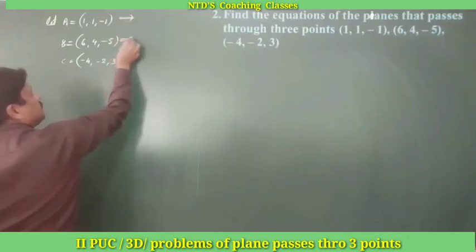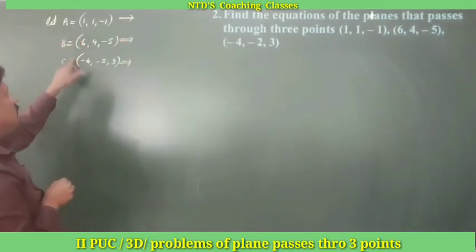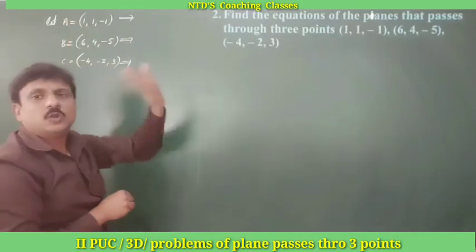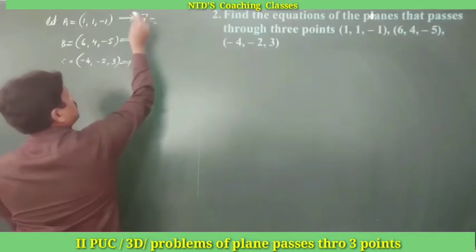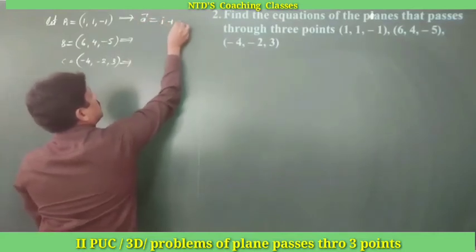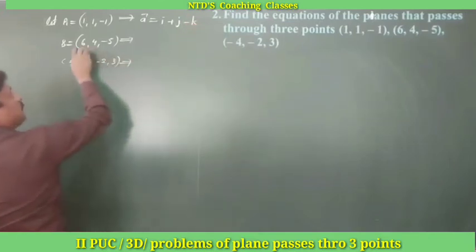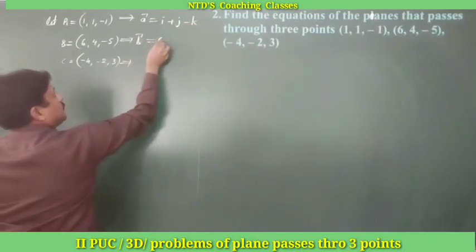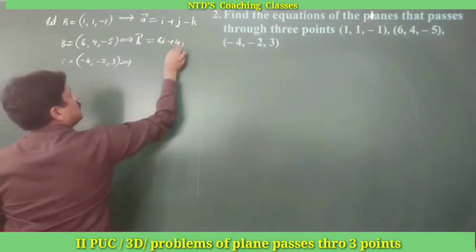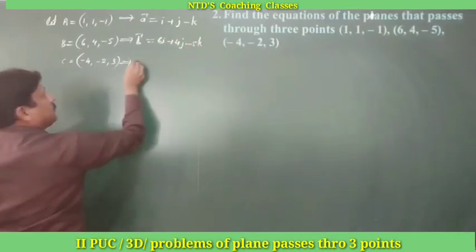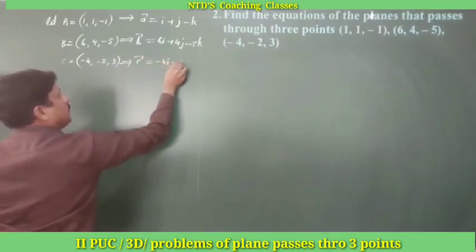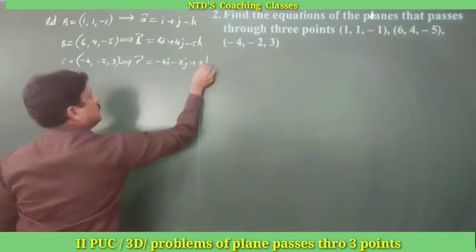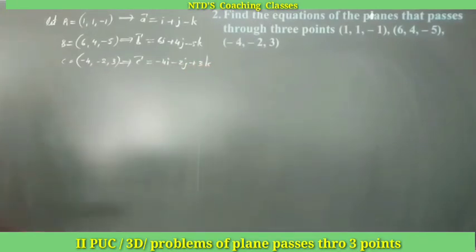Every point as position vector: vector A equals i plus j minus k. B position vector equals 6i plus 4j minus 5k. Position vector C equals minus 4i minus 2j plus 3k. These are the position vectors of the 3 given points.